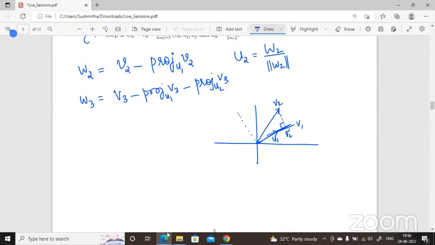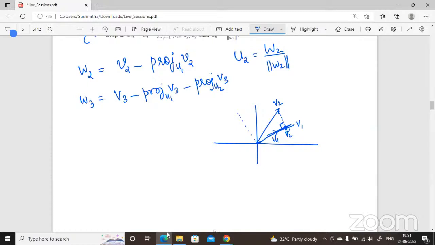It is the foot of the perpendicular from V2 to V1. You drop a perpendicular from V2, and the foot of the perpendicular is the projection. So when I say the projection, it is already lying along V1, right?